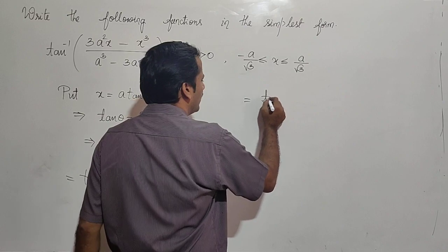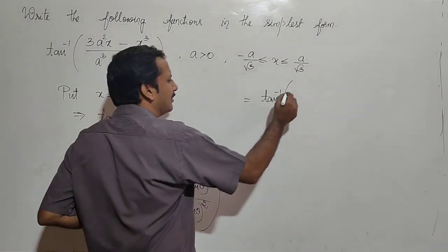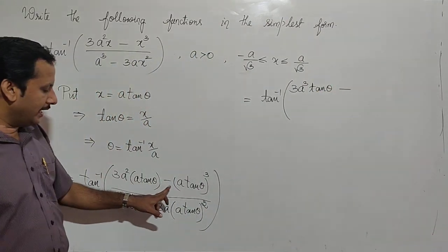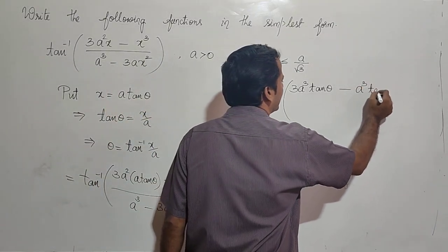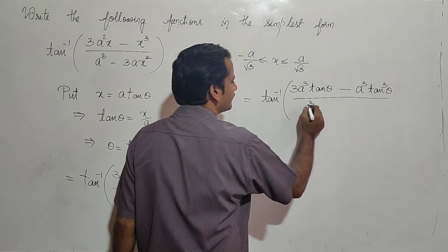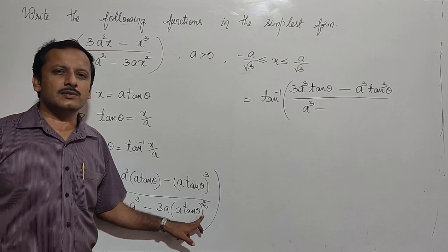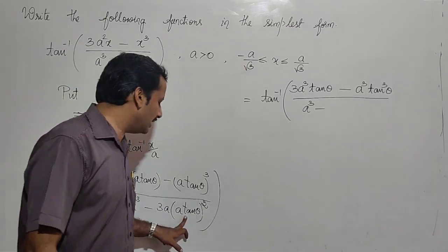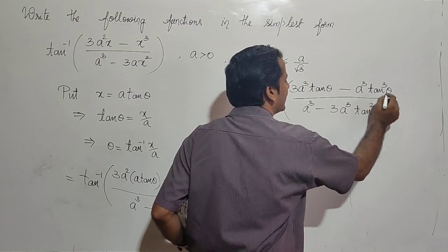That is equal to tan inverse of 3a square into a tan theta, that will become 3a cube tan theta, minus a cube tan cube theta, divided by a cube minus 3a into a square tan square theta, that will become 3a cube tan square theta.